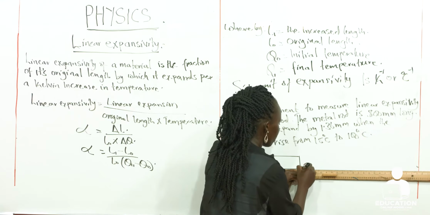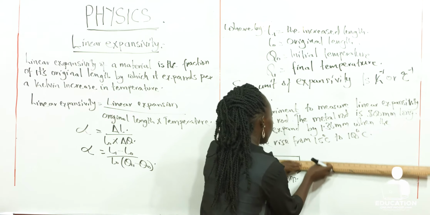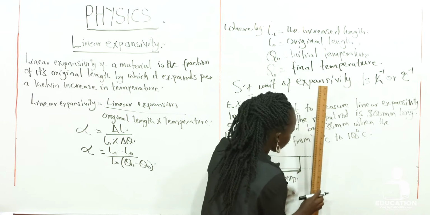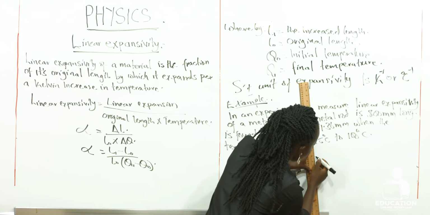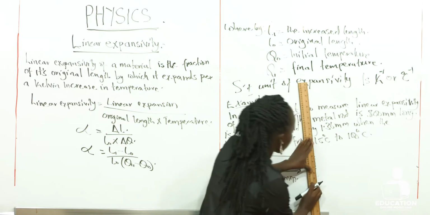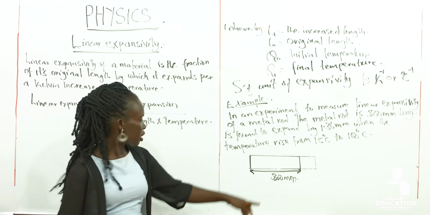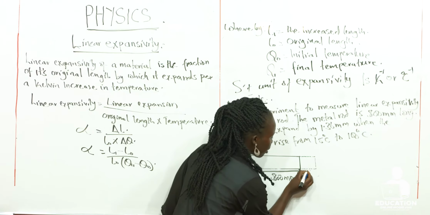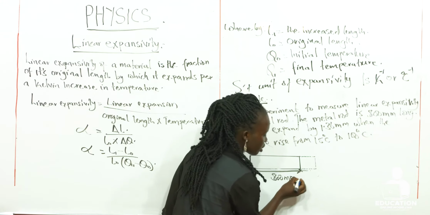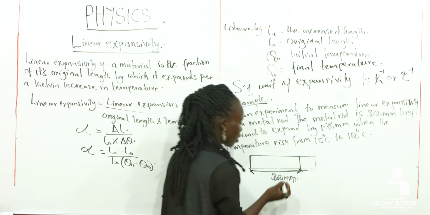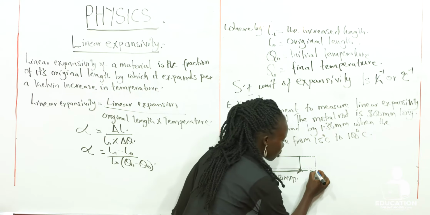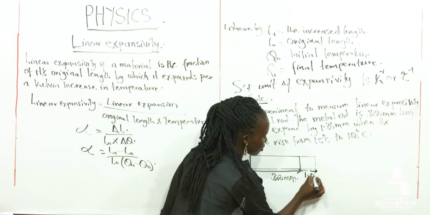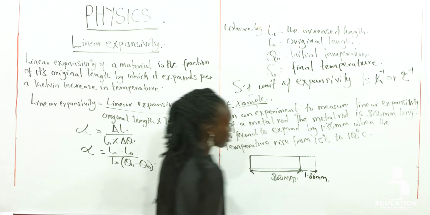We're going to use a dotted line to show the increase after heating this rod. So this increase is what? That is from this point where the original length ended up to this point here, is what we have as 1.36 millimeters.